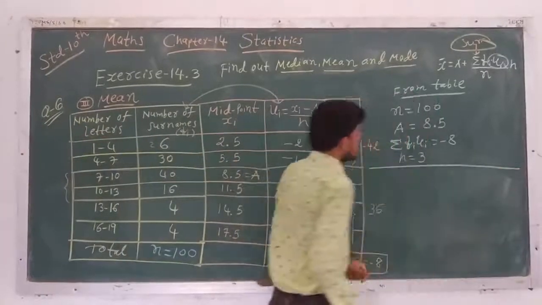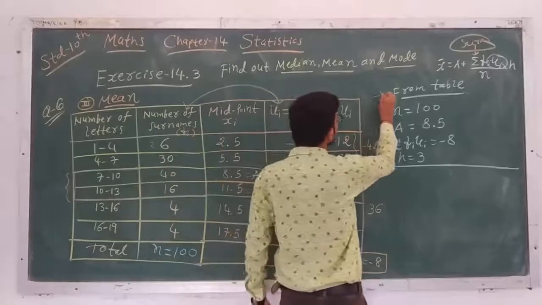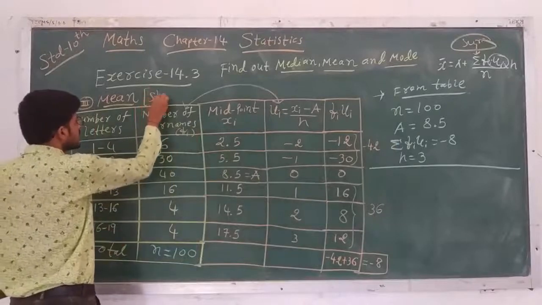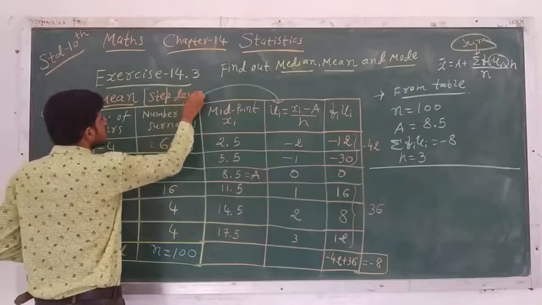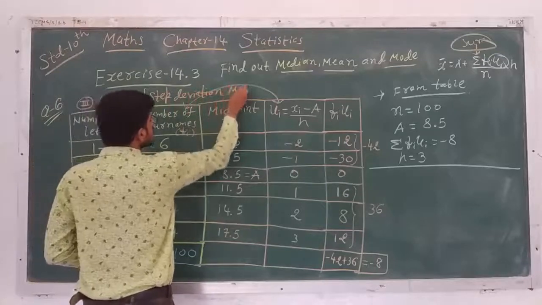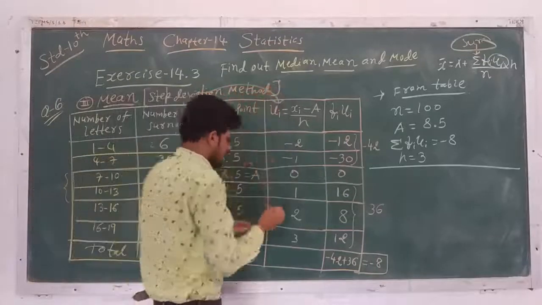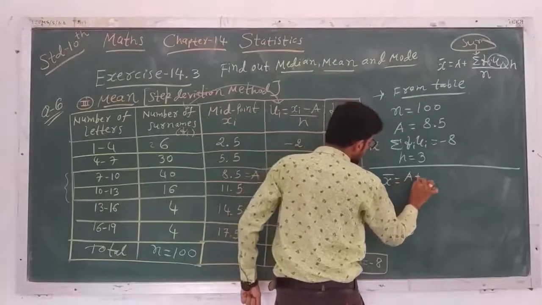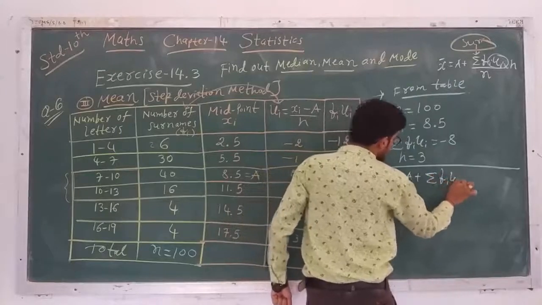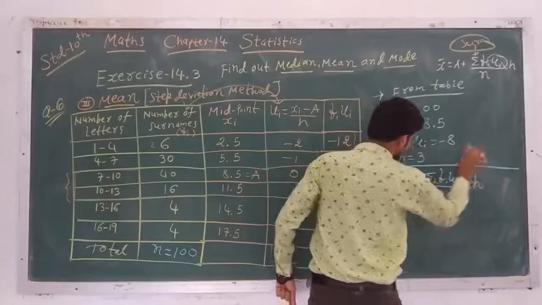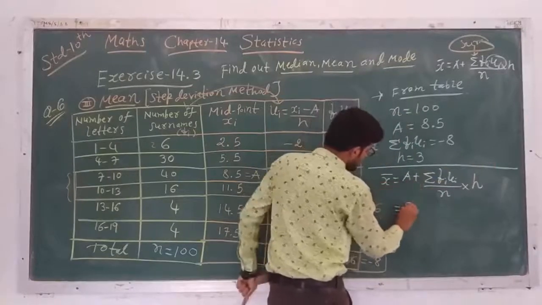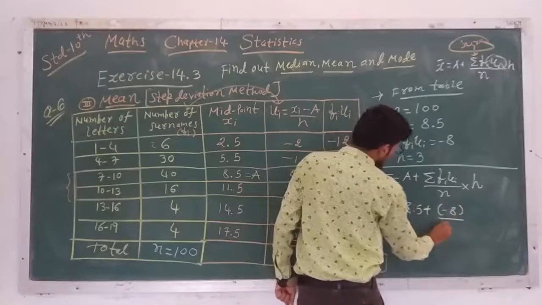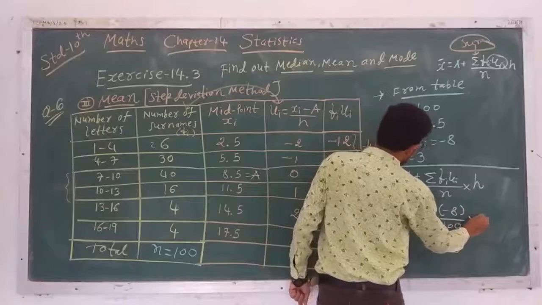Now we apply the formula of the mean by the step deviation method. We write here step deviation method. The formula we already wrote above: x bar is equal to a plus sigma fi ui divided by n, multiplied by h. So the value of a is 8.5, plus sigma fi ui is -8, divided by n is 100, multiplied by 3.